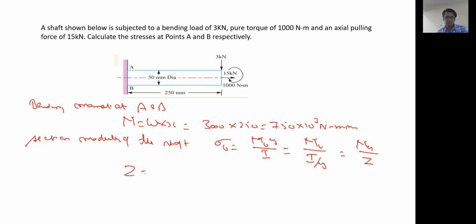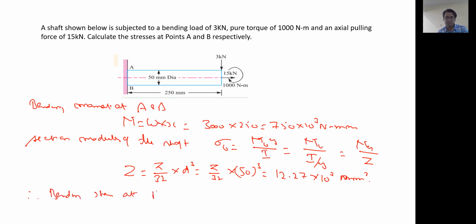Okay, so here Z is equal to pi by 32 into d to the power 3, right? And this is pi by 32 into 50 cube. If you calculate it, it will come as 12.27 into 10 to the power 3 mm cube.